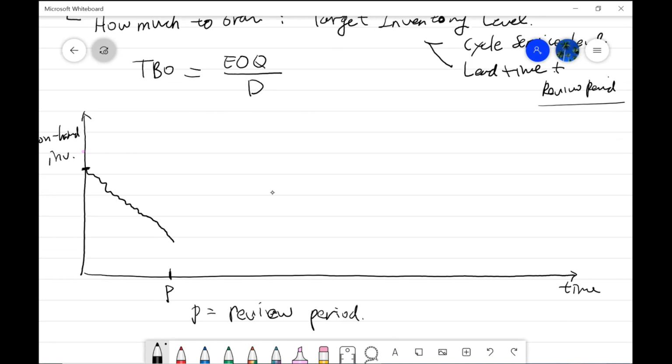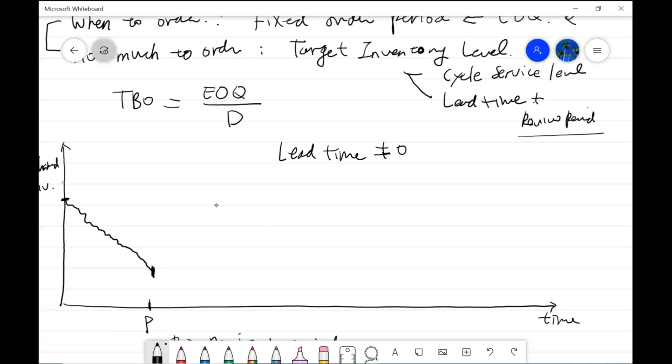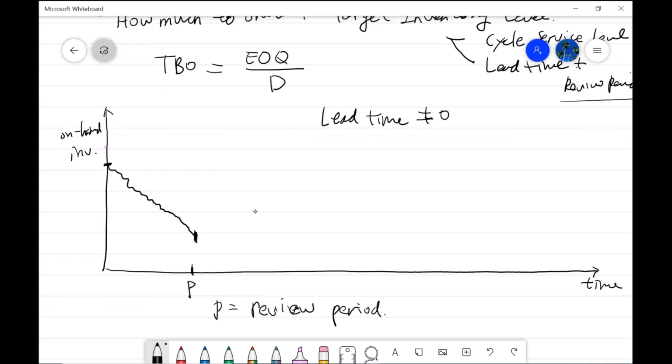Previously, I calculated this by using the EOQ, time between orders. But even though I place my order at this time, I still cannot receive that ordered product right away. Why? Because the lead time is not 0. I have to follow the lead time to receive that ordered product.